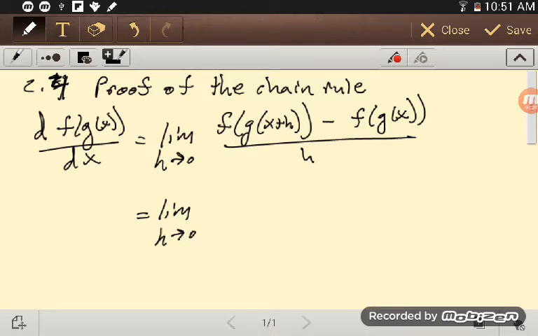We know that. And so here I'm going to multiply by 1 in a very sneaky way. So I have my f of g of x plus h minus f of g of x, divided by h.